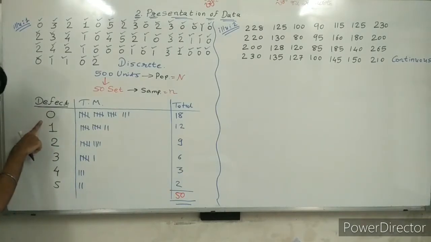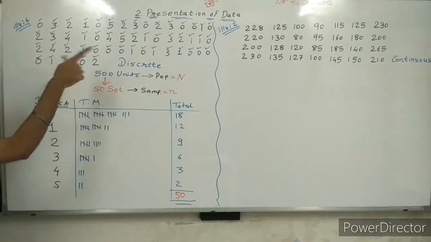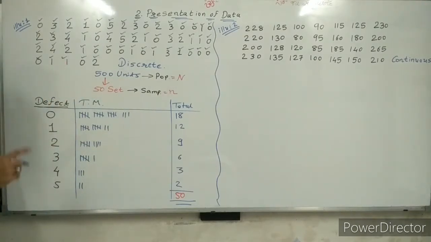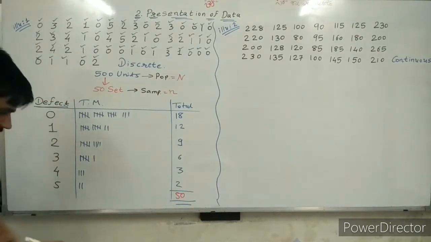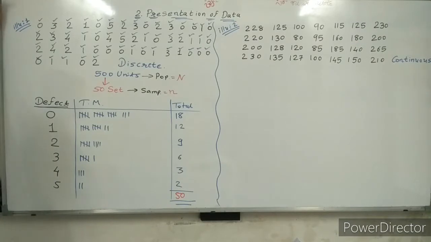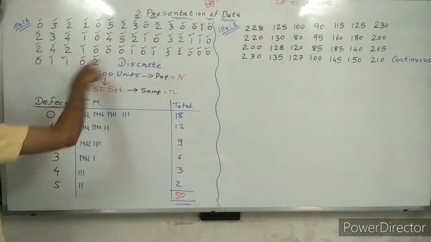First we need zero defect articles, zero defect TV sets. So how many zeros are here? Count it and cancel it by pencil, otherwise on paper. Okay, so use a pencil and cut it. How many zeros are here?